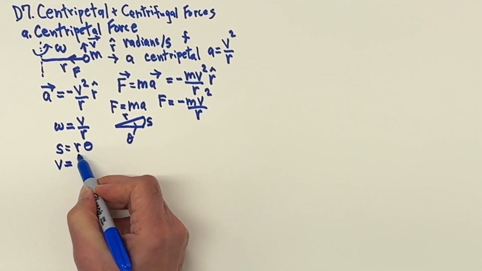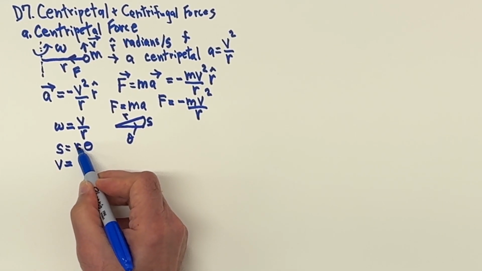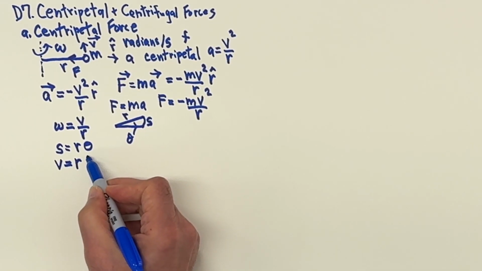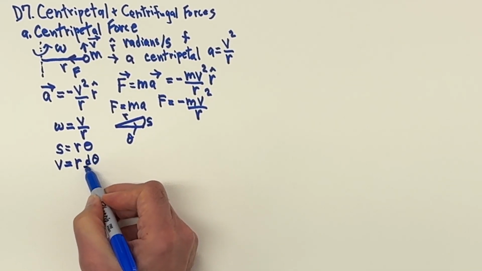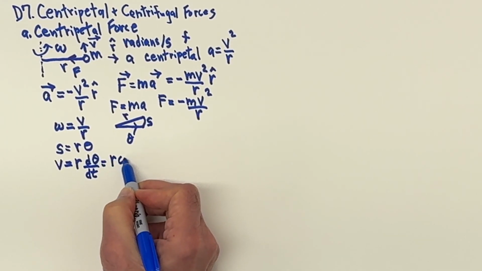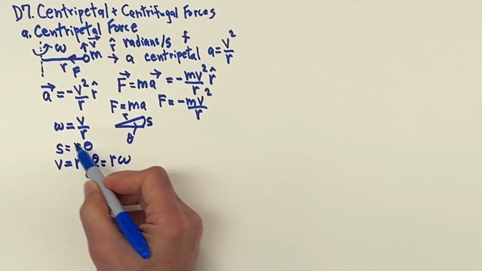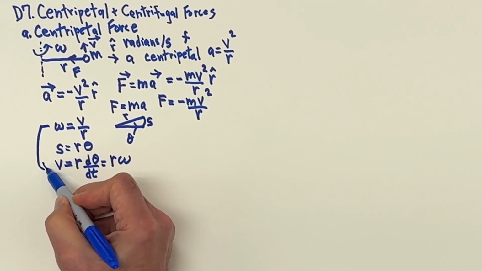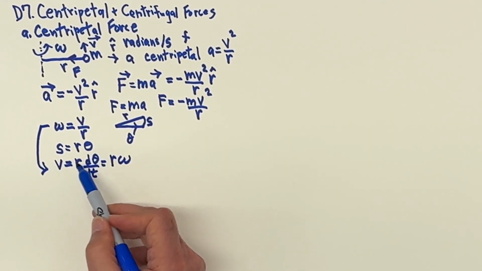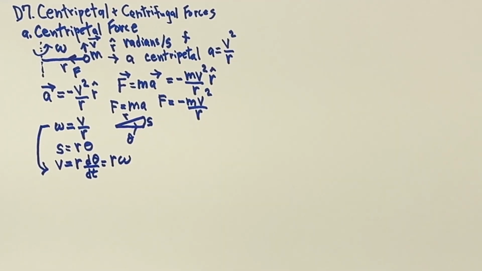And if we take the derivative on this side, r is a constant and would just stay there, and the derivative of the angle with respect to time, see there's your radians, is omega. So this is a way to see that v is omega r, or r omega.